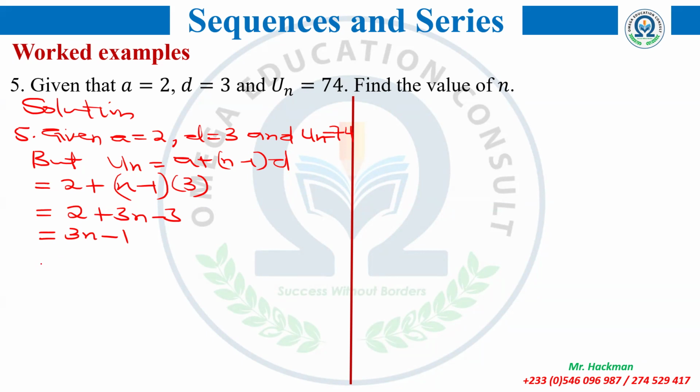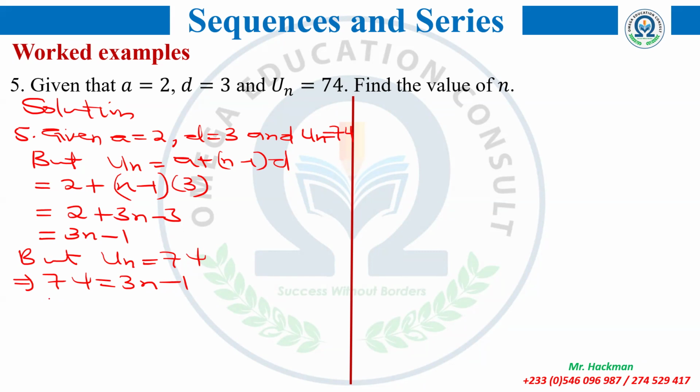Then U_n is equal to 74. You substitute U_n equals 74. So this implies 74 is equal to 3n minus 1. Then you interchange the values of the 74 and the 3n minus 1, so the 3n minus 1 will come first, then the 74.